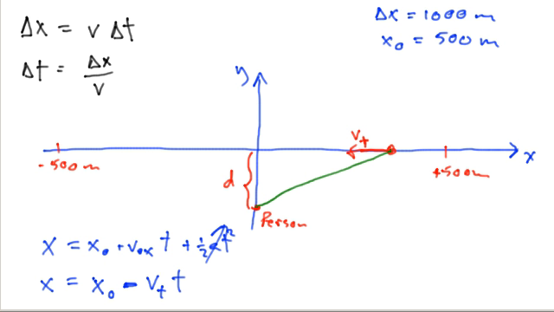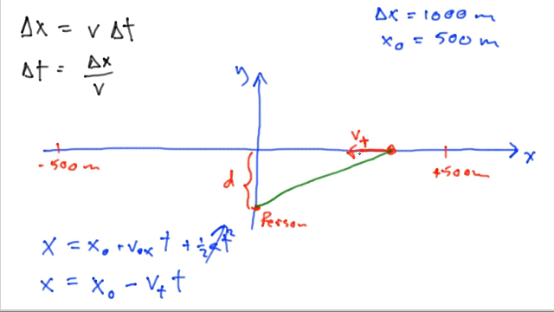I'll get a minus sign. Alright, so that's the position of the train. After a while, with that starting at 500, if we wait long enough, it's going to start having negative values when it's over here, all the way to minus 500.